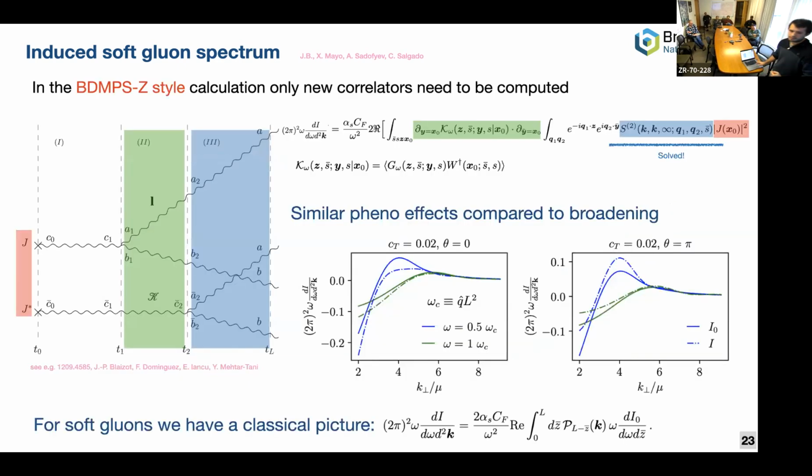The calculation in the reasonable brute force way is very complicated, but that's why I tried to show that you can do the calculation using this recent formalism, because in this formalism it's kind of trivial. What one has to do is just write the relevant Feynman diagram, which is this one. This Feynman diagram comprises three regions.